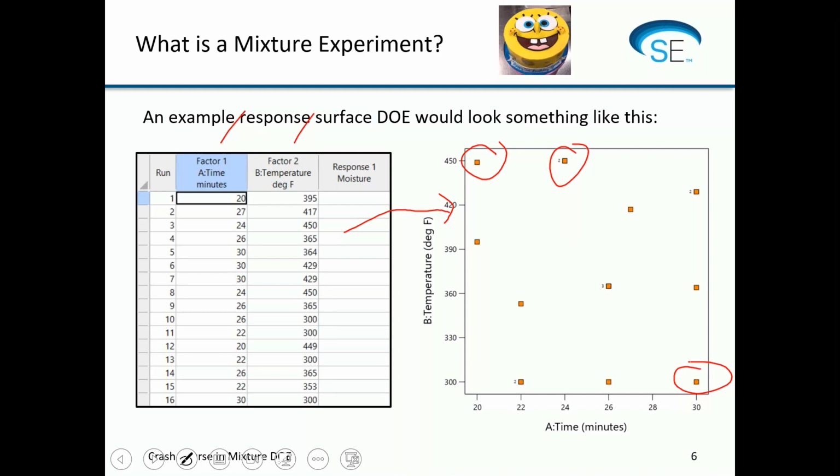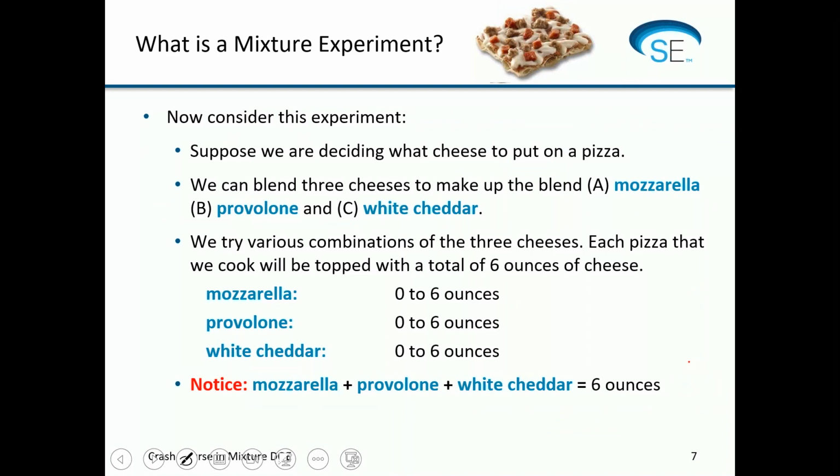So you're doing runs throughout this square space. This is a very common example of something that most people doing DOE do on a regular basis. Now, let's see how a mixture experiment differs, and why do we care?